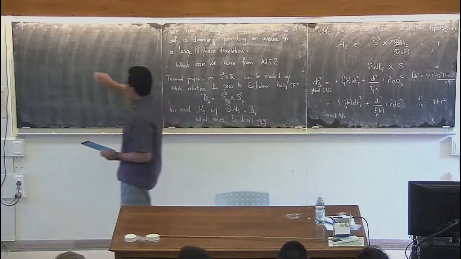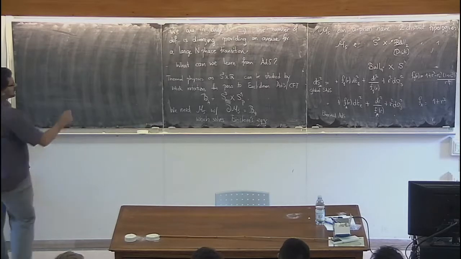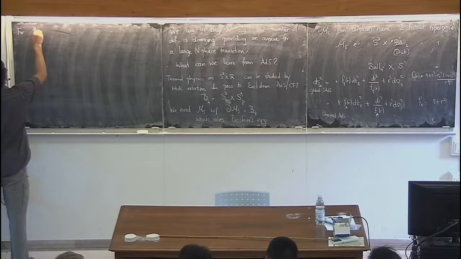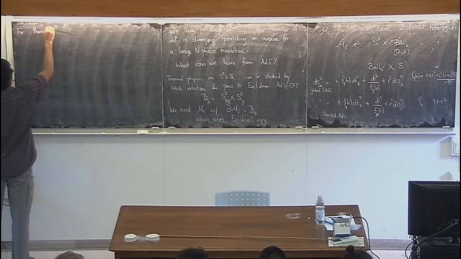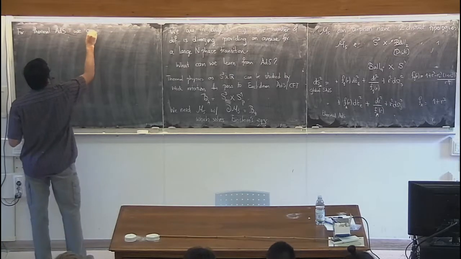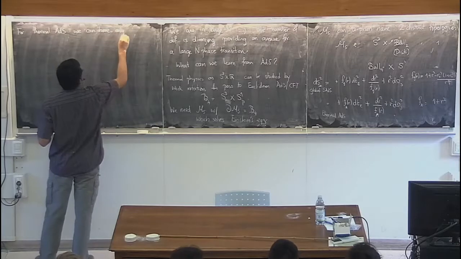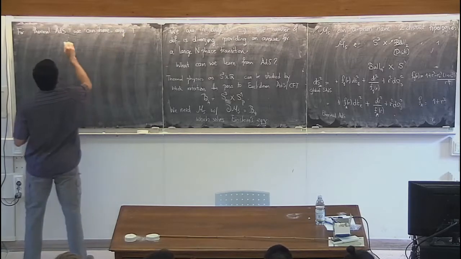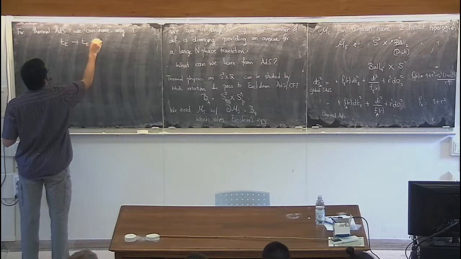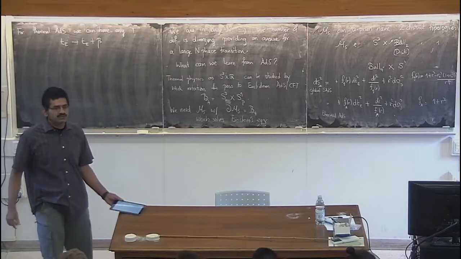So clearly, for the thermal ADS case, we can have any temperature. All I need to do is take t_E to be periodic with period set by the inverse temperature.